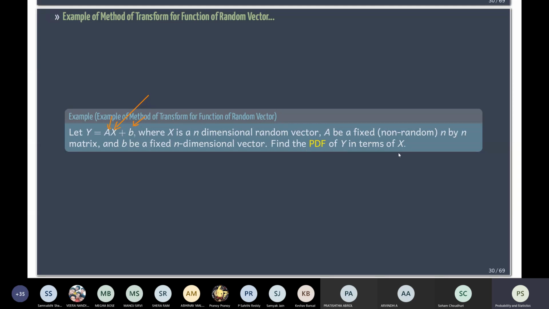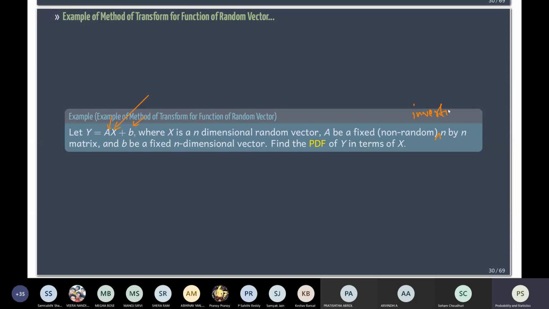So find the PDF of Y in terms of X. If we want to use the method of transform, we are supposed to solve for this. In this question we must be assuming that A is fixed and invertible.